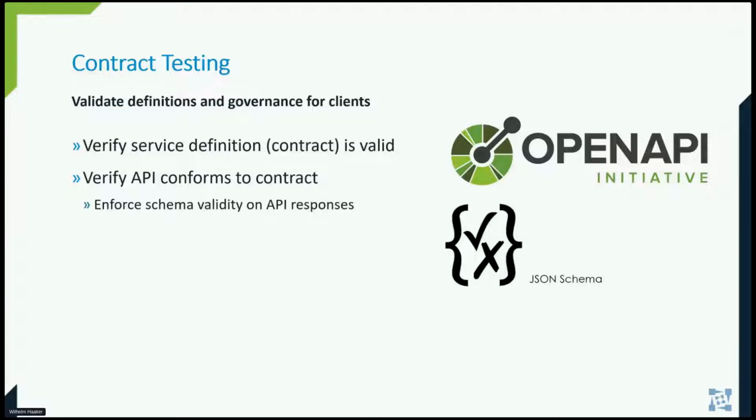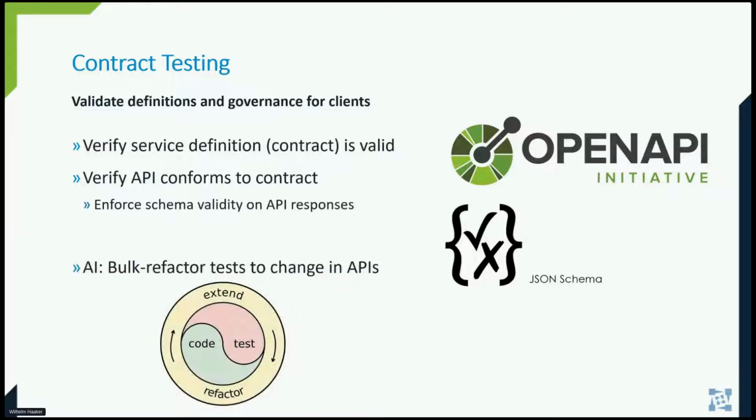And the last point I want to make here about service definitions and how they can improve the testing process is optimized change management. An API testing framework has to help teams bulk refactor their test cases as the API's design is changing, so that they can keep up with this fast pace coming from development and really achieve that in-sprint testing that everyone's aiming for.